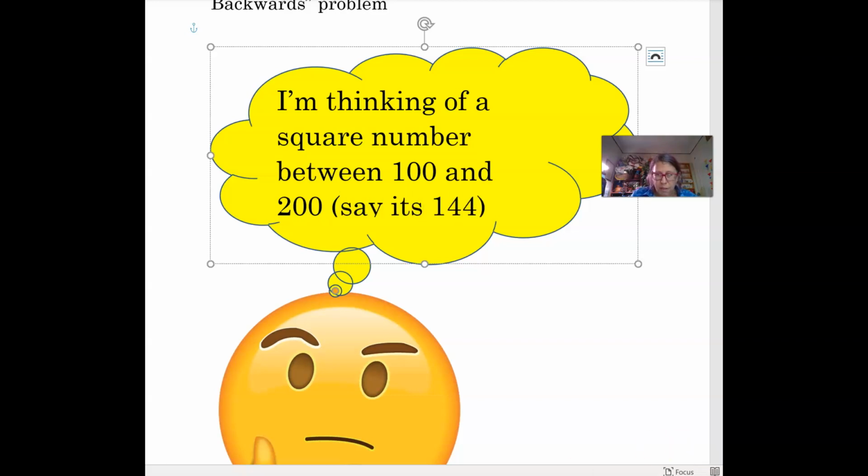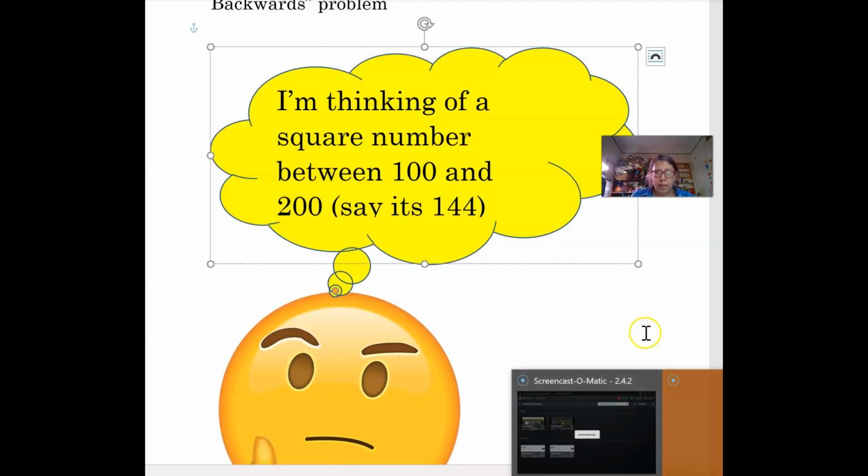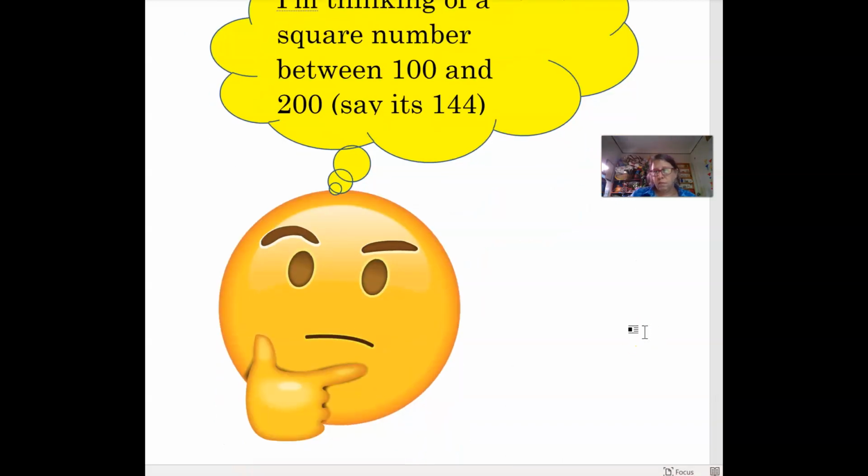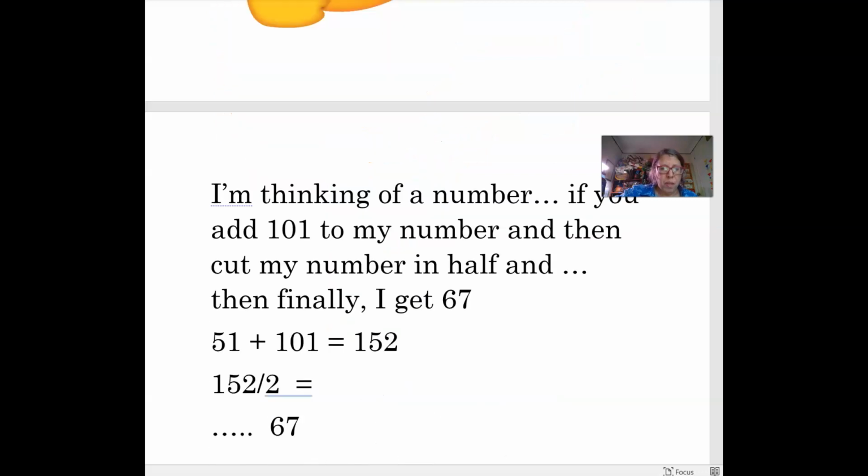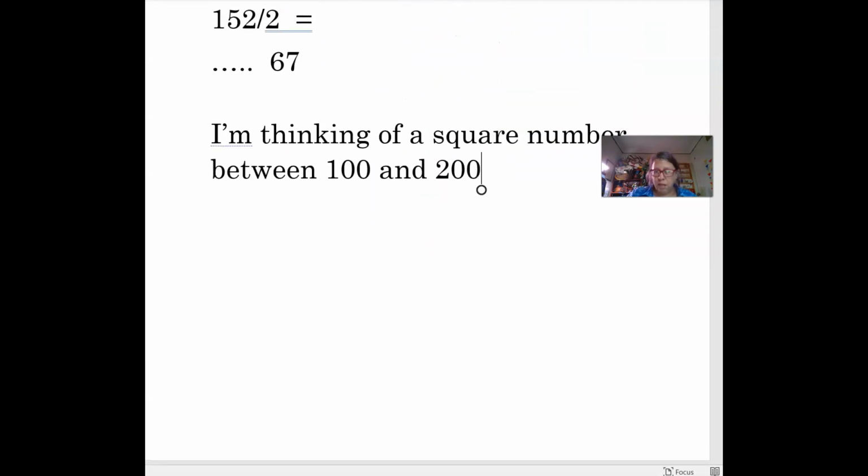So we have this idea in mind of what the number is. And then we do stuff to that number, but we don't tell them it's 144. That's our secret thing that we know and that we don't tell them.